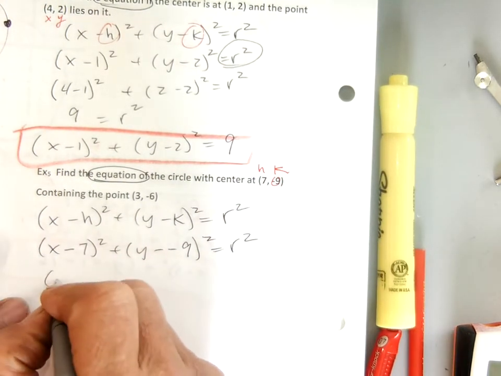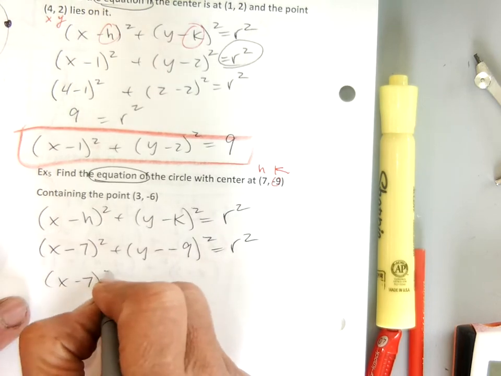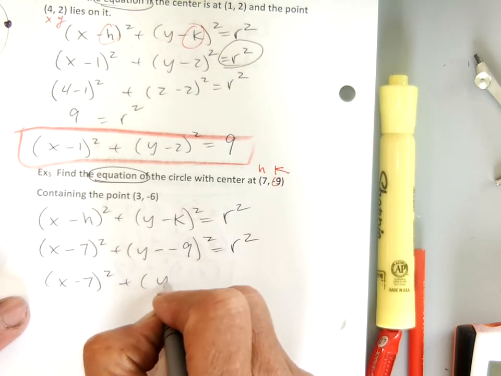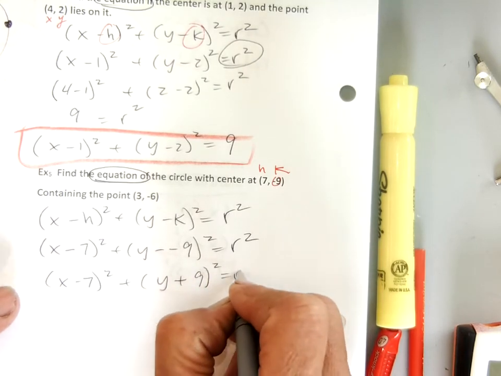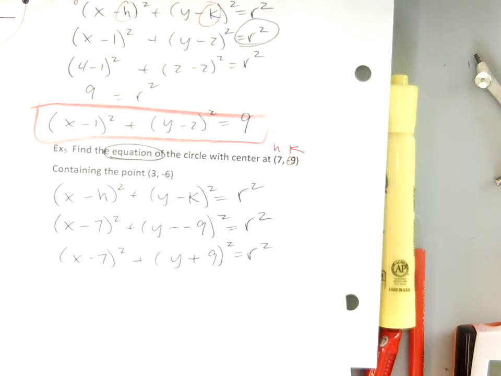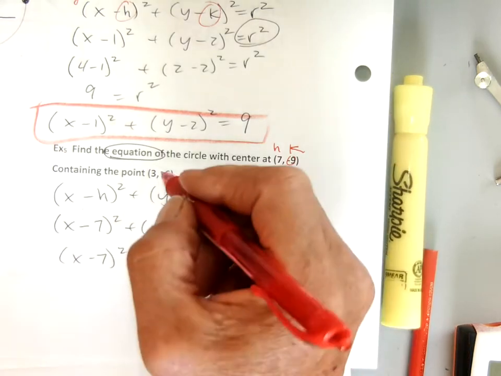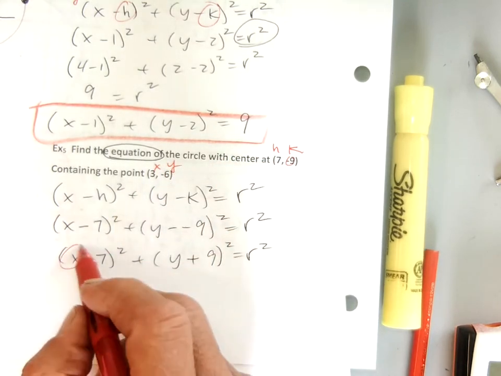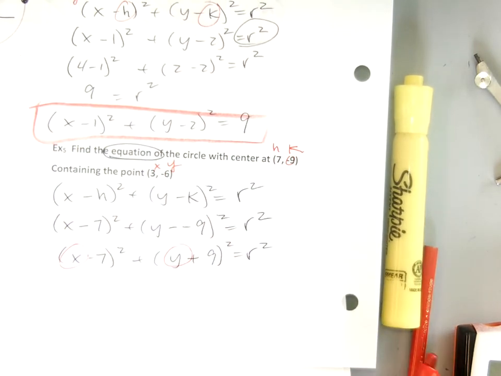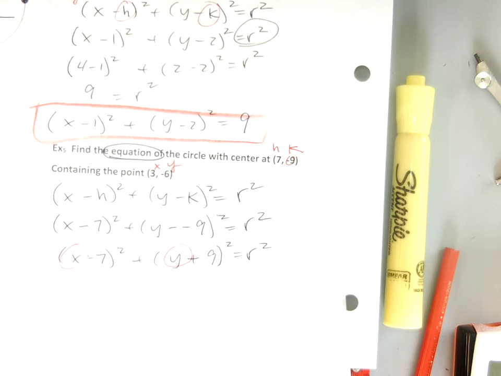So I'll have (x minus 7) squared plus (y plus 9) squared equals r squared. Now I need to find the value of r, right? If I plug in the point (3, negative 6), I'll be able to find the value of r squared, right?